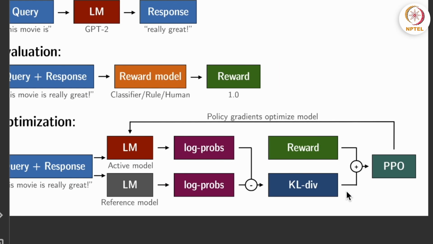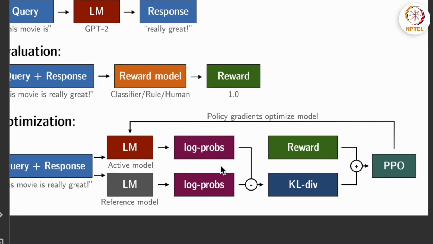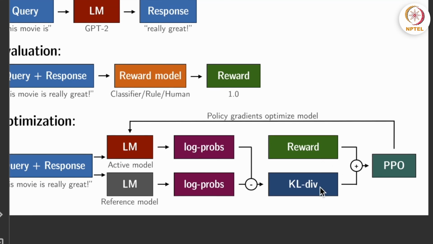As we know, KL divergence will output a value, generally on the scale of 0 to 1. A higher value means there is a lot of divergence between both these probability distributions. A lower value means both the distributions are very similar in nature. So PPO will apply a positive reward wherever the divergence is less. Wherever the divergence is higher, it will apply a negative reward, and accordingly it will update the policy gradients.